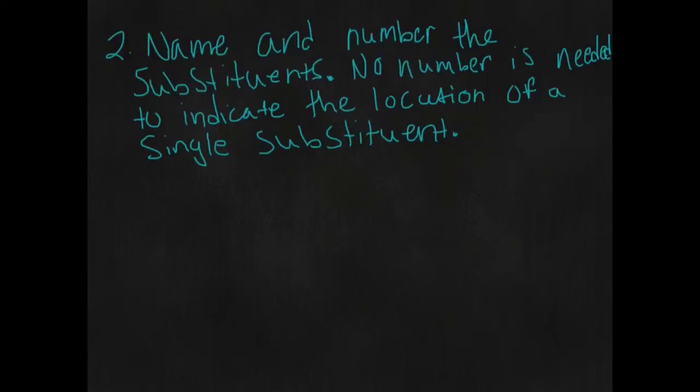So let's do step 2, which is name and number the substituents. Remember, no number is needed to indicate the location of a single substituent. So let's draw out an example.